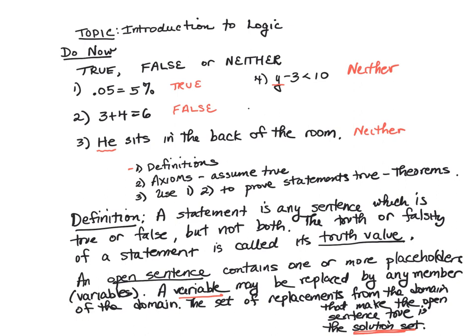And in number 4, if our domain was the set of integers, depending on which integer we pick and replace it with y, we could make that open sentence true or false. Okay, so that was just a brief review of what we mean by domain, solution set, and a statement. Okay, but the key word is that a statement is a sentence that's true or false.